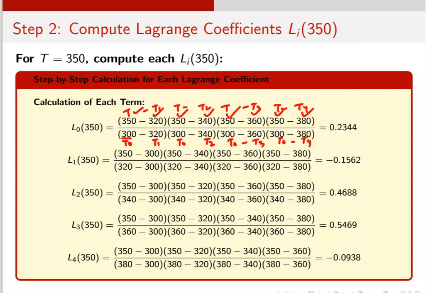If I plug in and do the calculation, L0 of 350 is 0.2344. Similarly L1 will be minus 0.1562, L2 will be 0.4688, L3 of 350 will be 0.5469, and L4 of 350 will be minus 0.0938.